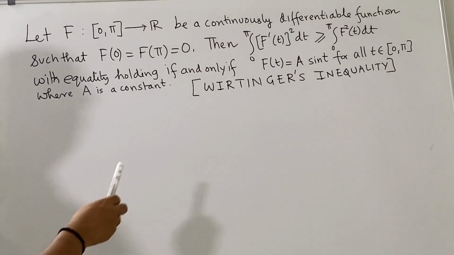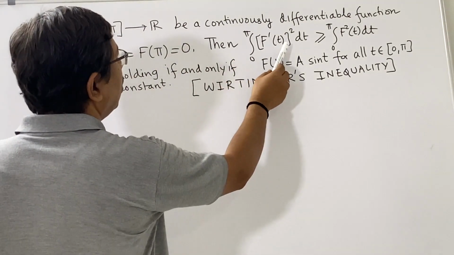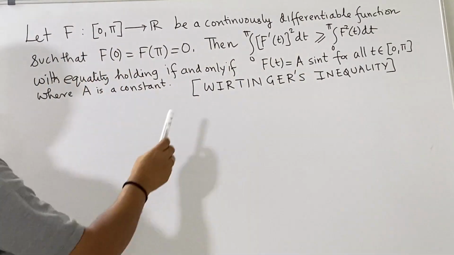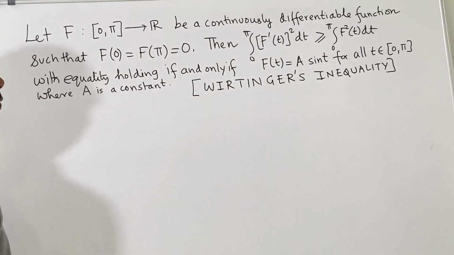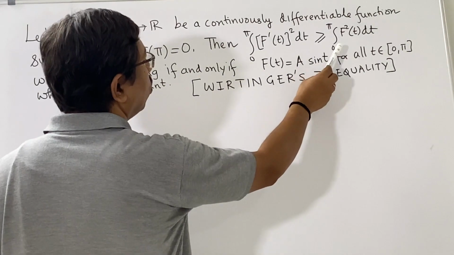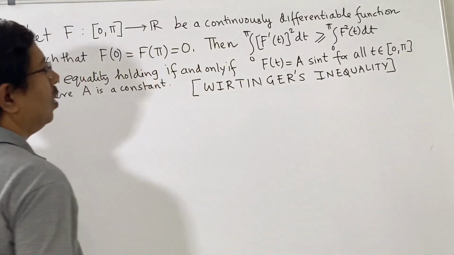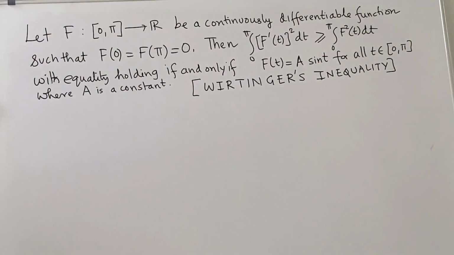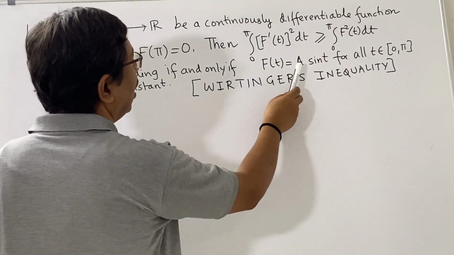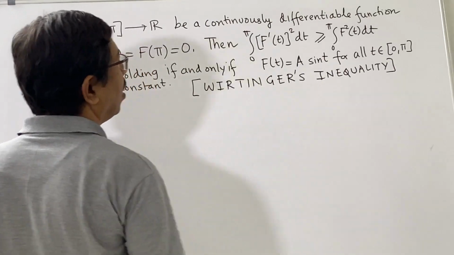Then the integral from 0 to pi of f prime t squared dt, where f prime t is the derivative of f, must be greater than or equal to the integral from 0 to pi of f squared t dt, and the equality will hold if and only if f(t) is some constant times sin t.